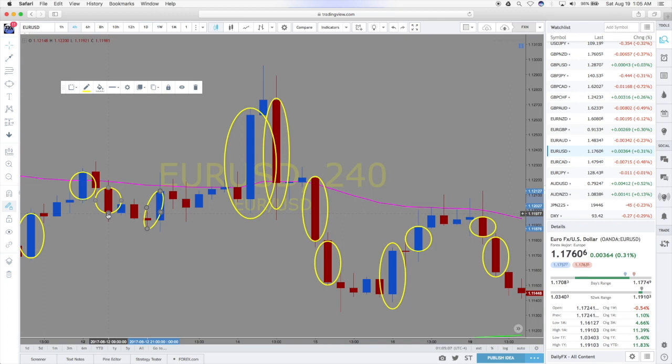So again, this one has this one here on the side, this one has that one there on the side. You get the picture of what I'm talking about here. So that's why they're called dual candle setups.